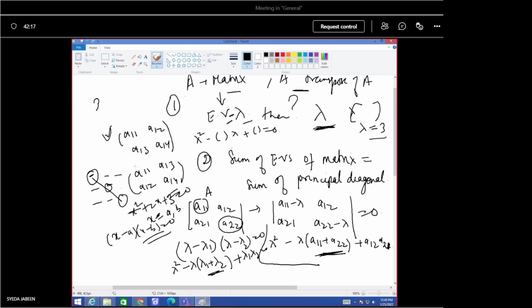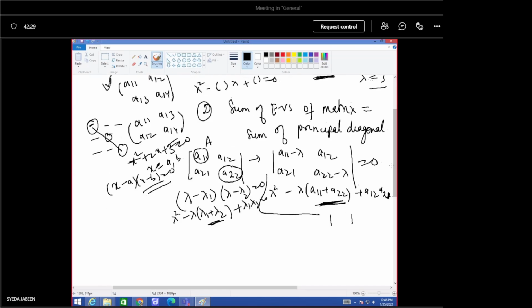So the determinant of the matrix. Like if you have the matrix like this, A11 minus lambda, and so on, and you take the determinant of this matrix, what will you get?